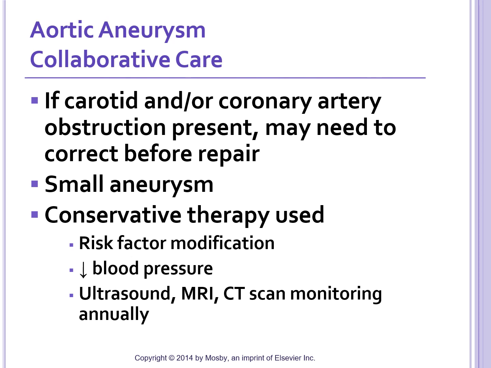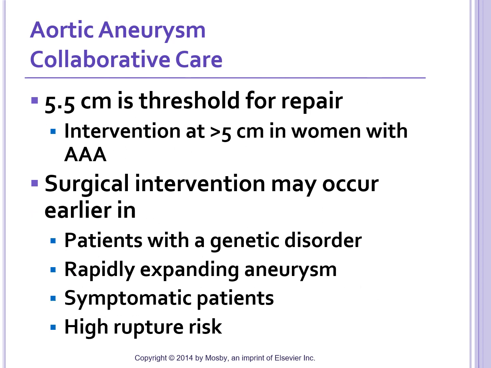It really depends on the patient. And again, some of those medications that we can use are beta blockers, anti-lipemics, and then there are some antibiotics such as doxycycline that have been shown to decrease the growth rate of an aneurysm. So how long do we wait until we have surgery?